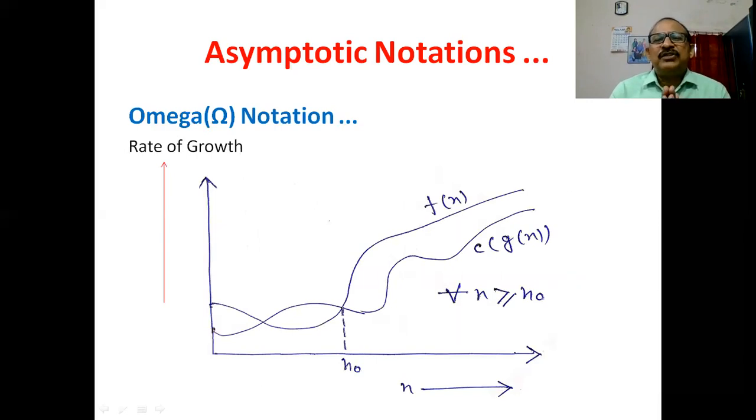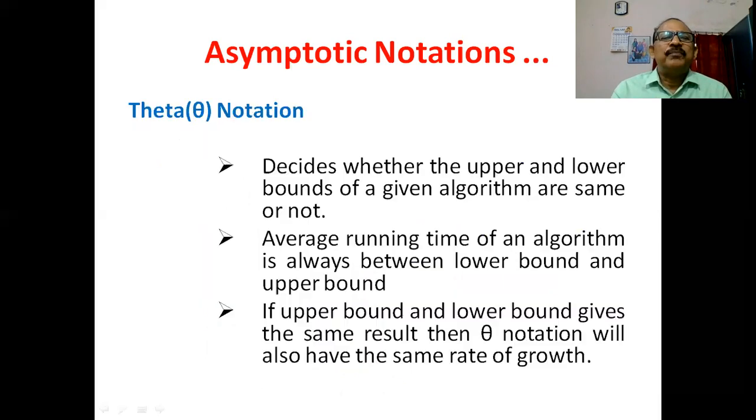This figure depicts that the rate of growth of the function f(n) is always greater than the rate of growth of function g(n) for every n greater than or equal to n0.